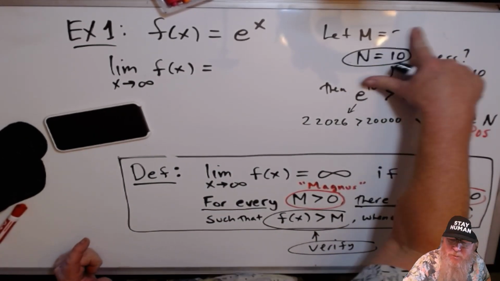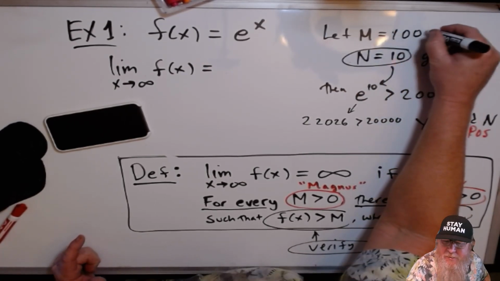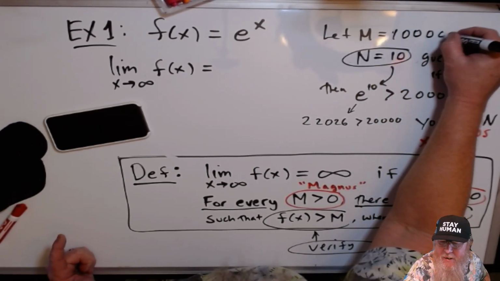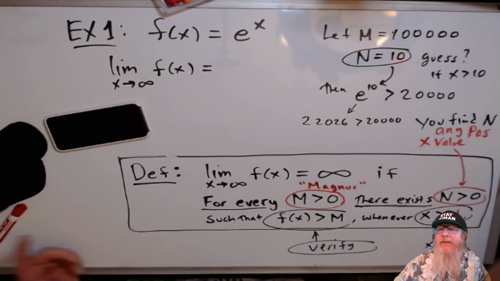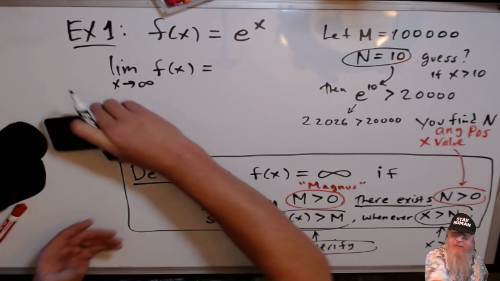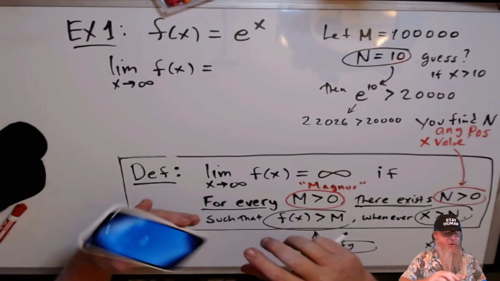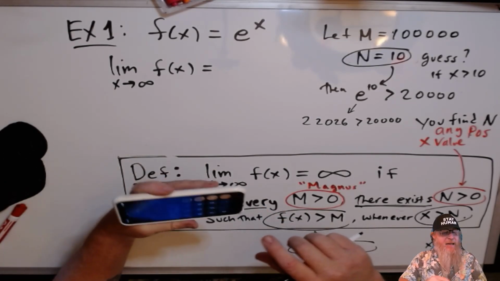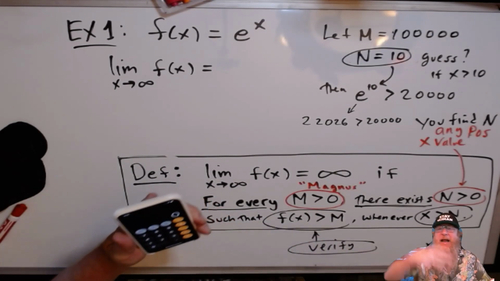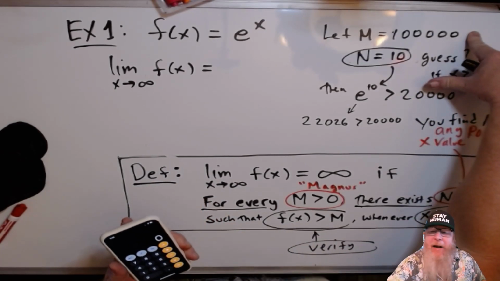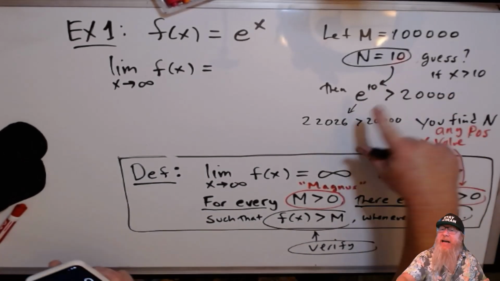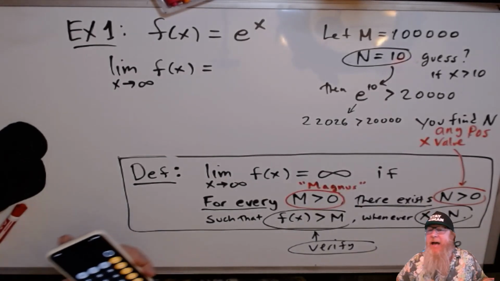If you want, you could try to pick a bigger number, maybe 100,000 or something. Let's see what N would have to be for that. I'm only going to do one more. I'm basically just showing that for any number, no matter how big you pick it, I can find a number that's going to make it larger than that.